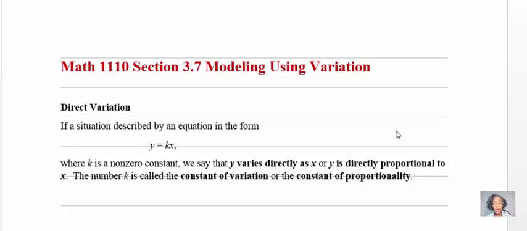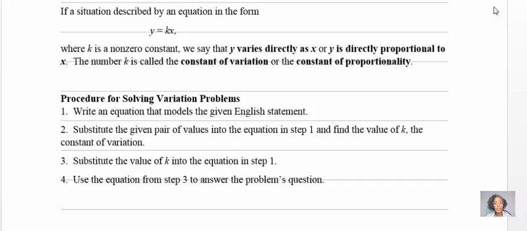Let's look at a procedure we're going to use to solve variation problems. We have a 4-step procedure for solving these problems. First, we're going to translate what we've been given in our exercise or our English statement into an equation.